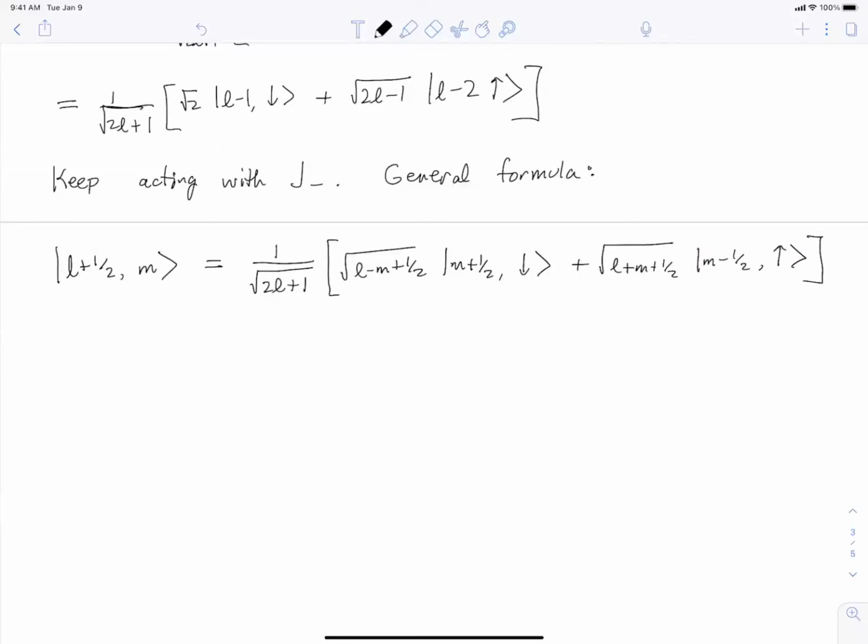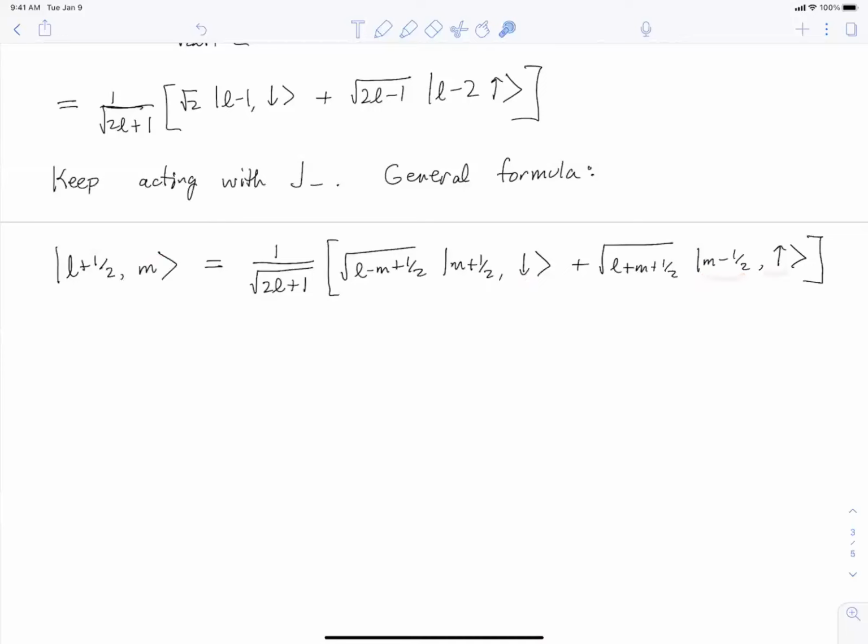Okay, so a nice thing about this formula is you can sort of see how the z components of angular momentum work. On the left-hand side, we have total angular momentum in the z direction of m, and that can split into two parts. And the only two parts it can split into are m plus 1/2 and down arrow, down arrow is minus 1/2, and m minus 1/2 and up arrow.